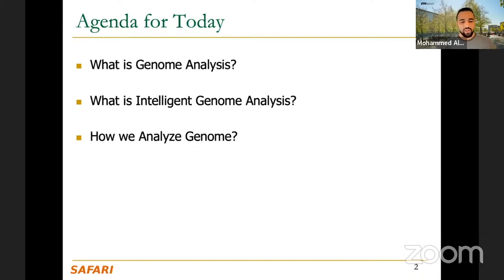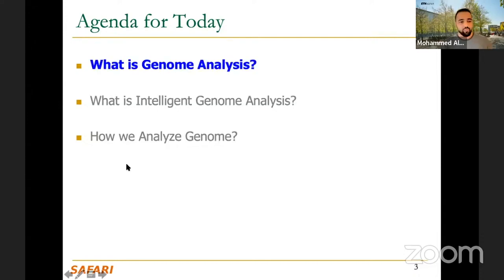So all of these factors together, we call them intelligent genome analysis. So when we call intelligent genome analysis, it's not really just fast analysis, but rather many other things that we need to account for. And toward the end, we'll explain how we analyze the genome.